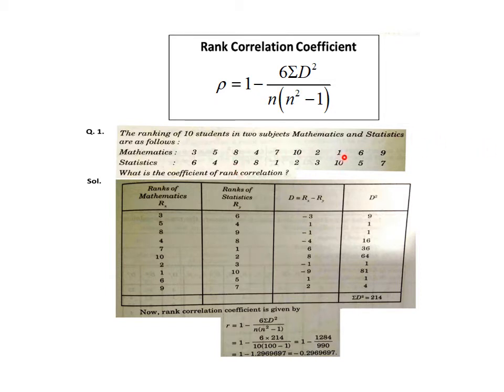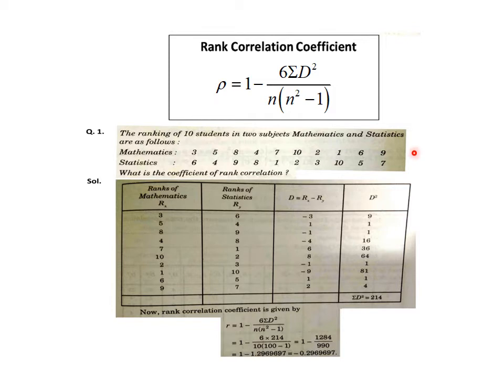But like this particular example, if inconsistency is shown, the rank correlation must be assumed to be on the negative side initially, as per this data. As you can see, the value of rank correlation coefficient is coming out negative, -0.29, which was assumed initially because of this data. So it's all about consistency, not a direct kind of correlation.